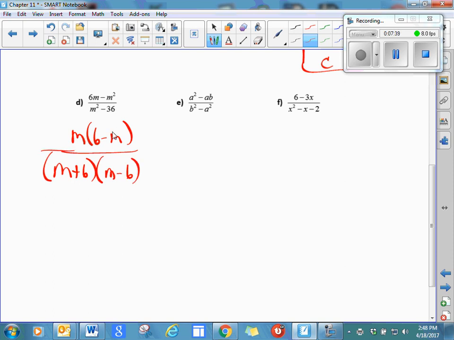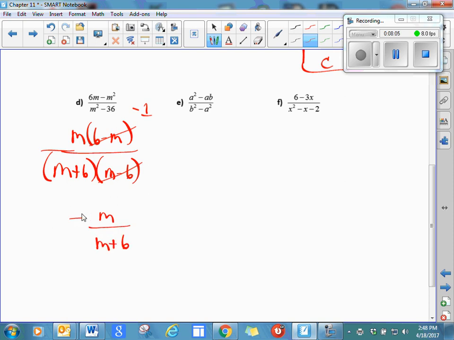So if you look at this m plus 6, it's not an opposite of this guy, but this one is. Here the m is negative, here the m is positive. Here the 6 is positive, here the 6 is negative. So these guys will cancel, but they cancel to a negative 1. So right now we are left with our answer, which is negative m over m plus 6.